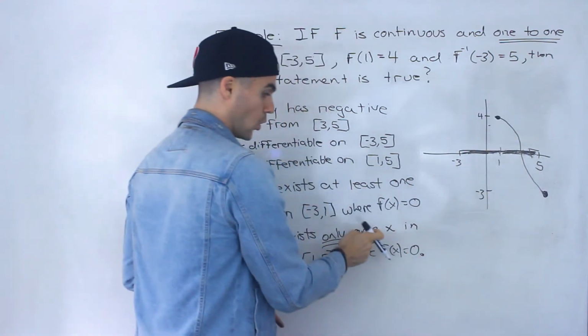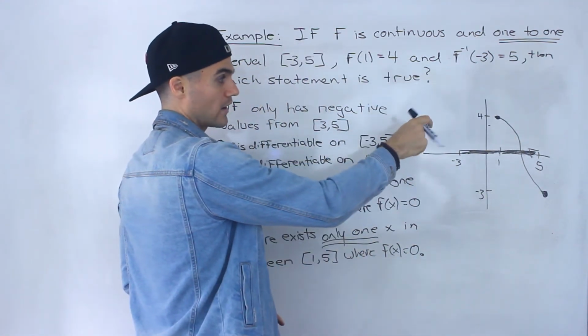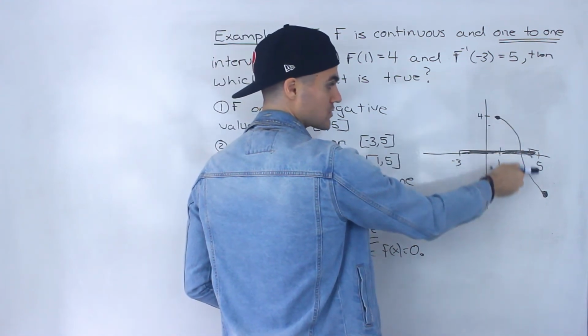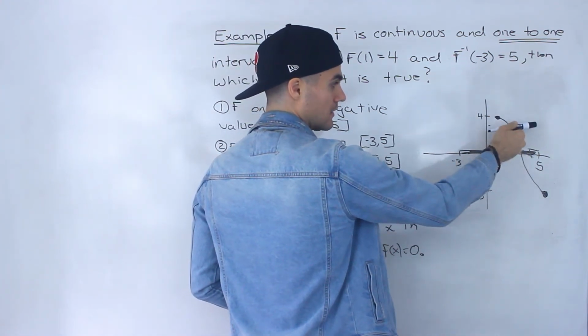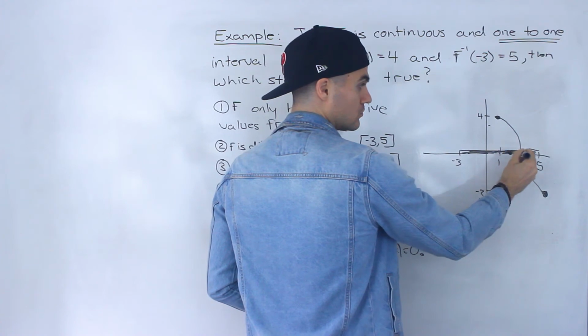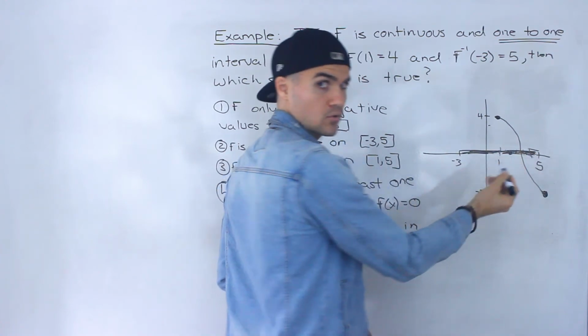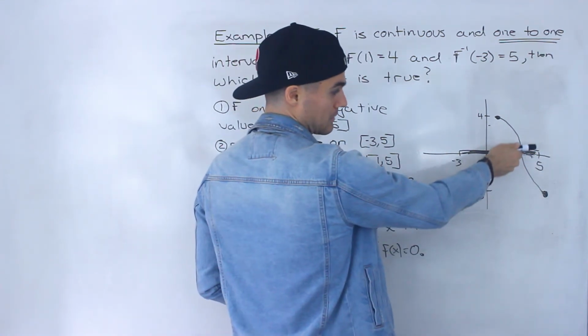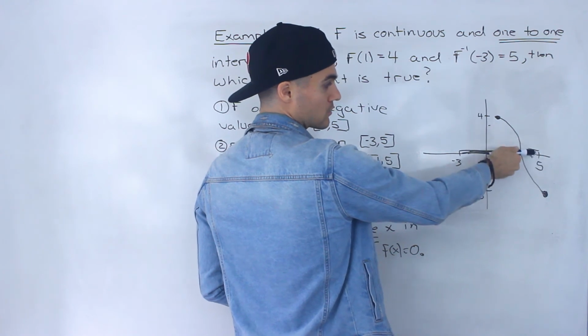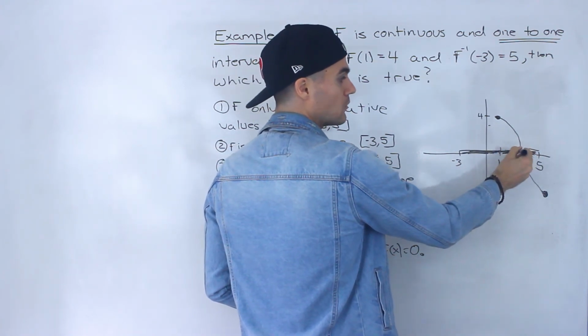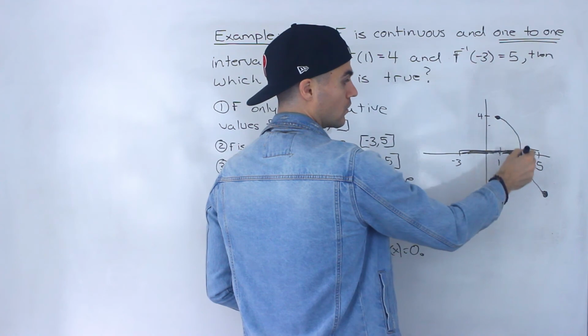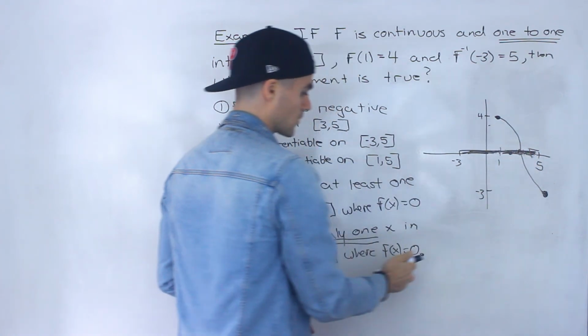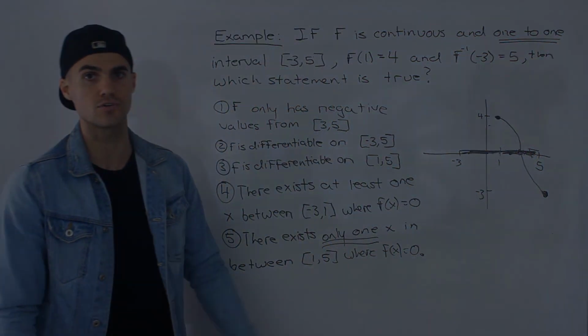And the reason why there's only one is because it's one-to-one. So it has to pass that horizontal line test the whole time. And if there were 2 places where it crossed, or 3 places or 4 places, it would fail that horizontal line test. So there can only be one x value where it crosses the axis where f(x) is equal to 0.